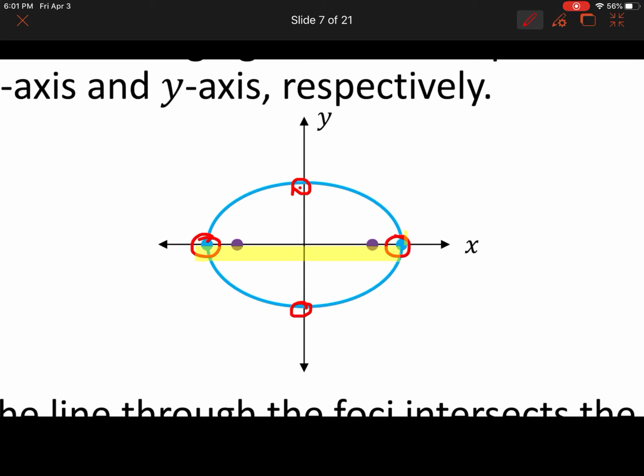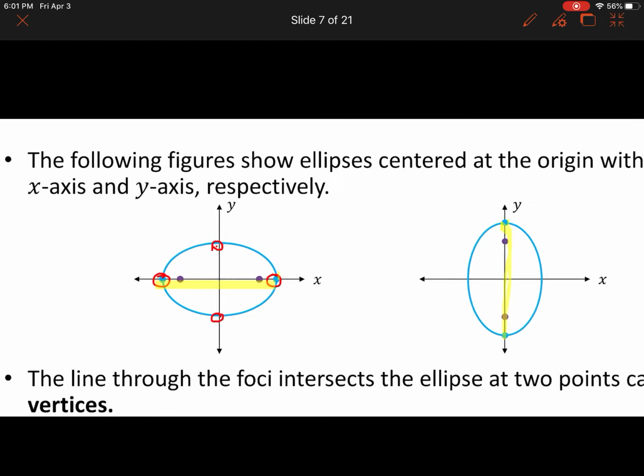Sometimes we refer to them as the minor vertices, and that would be okay because it's clear. But if it just says vertices, we're talking about the ones on the major axis. Quite often, the other ones will be pointed out to you as the endpoints of the minor axis. I think, though, in a little bit here, I refer to them as the minor vertices because that was quicker to write.